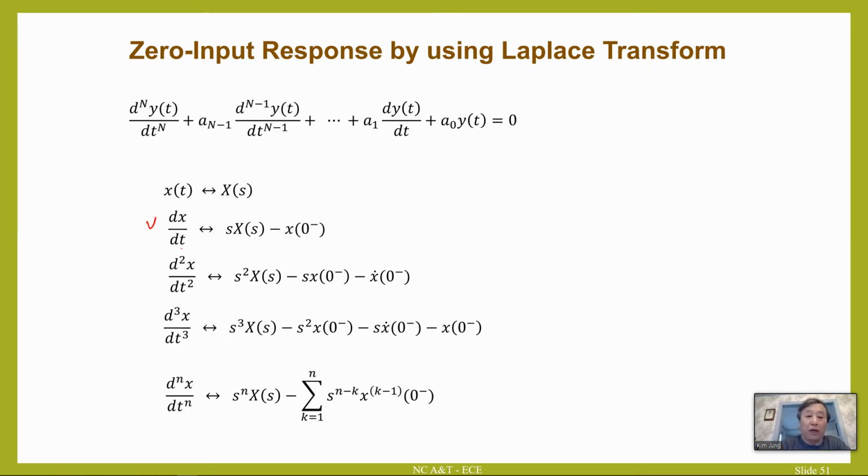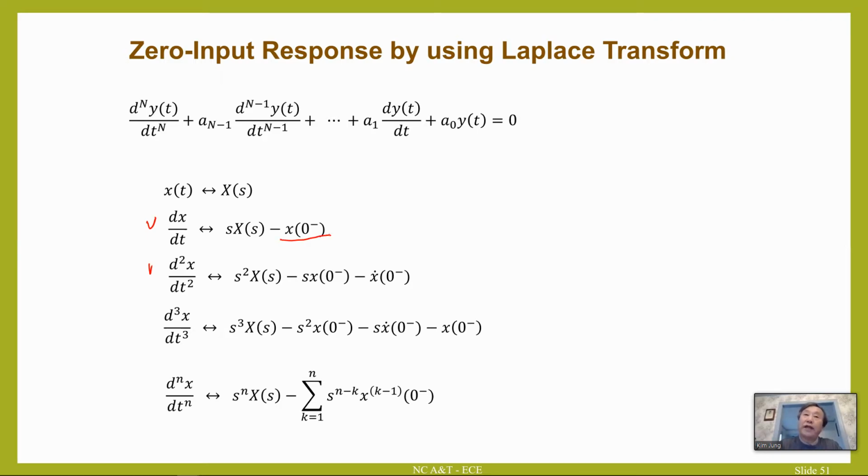I told you why we have a derivative in the circuit: because of the energy storage elements, capacitor and inductor. If we have only one capacitor or inductor, such as an RC circuit or RL circuit, then this is a first derivative, first order. And suppose an RLC circuit, with two energy storage elements, then it's a second order system like this.